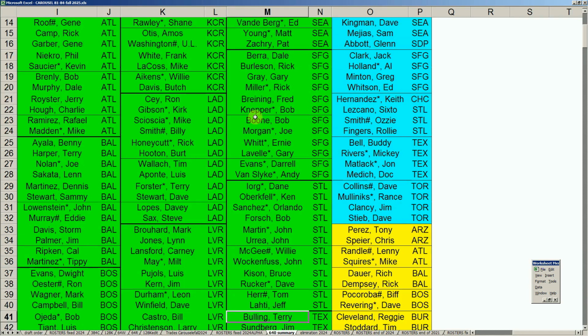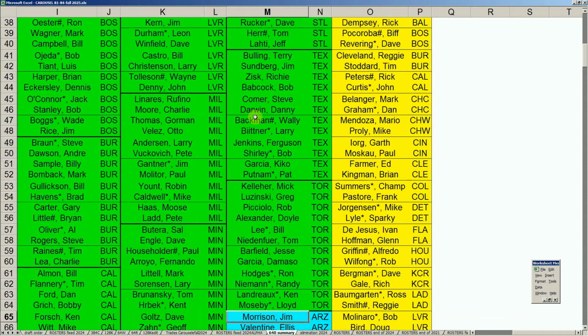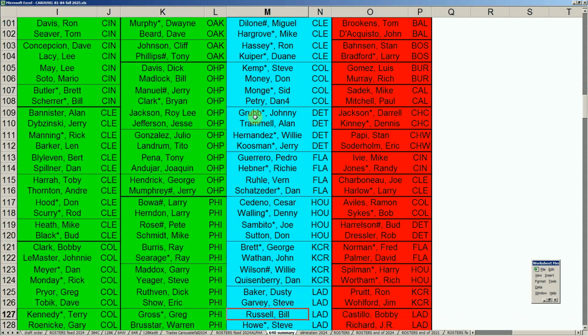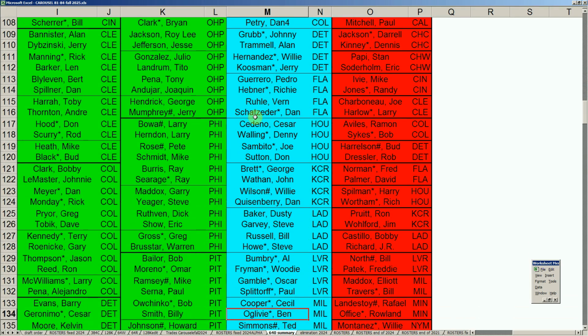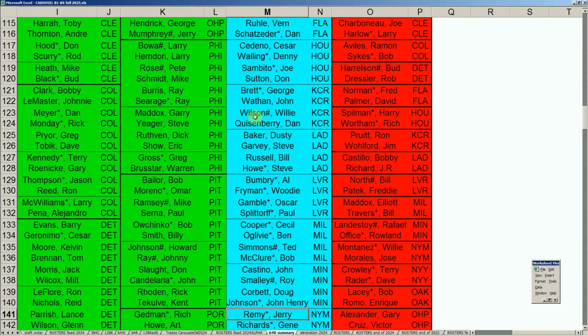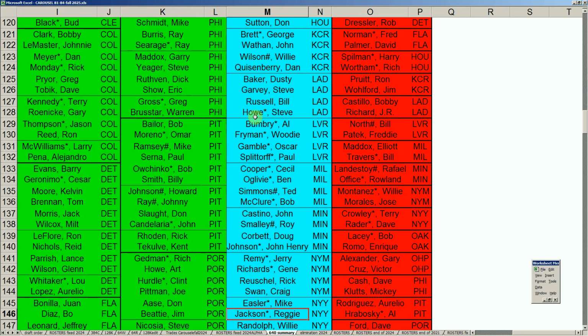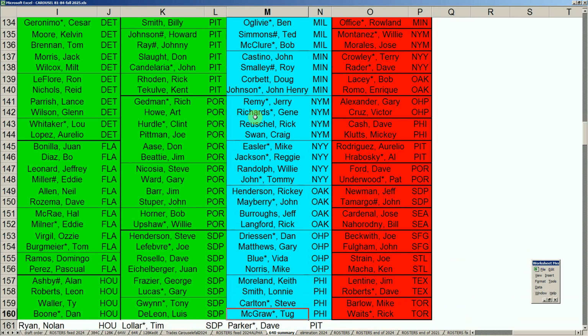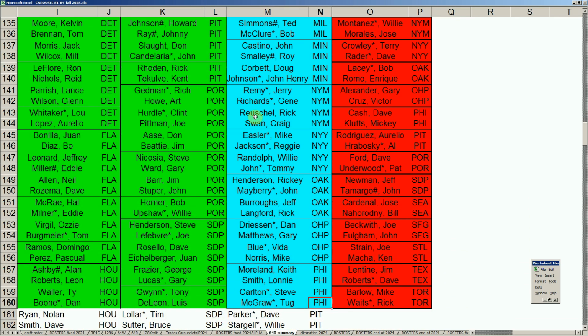Then the next group are your keepers, indicated in blue, 4 per team. That means that 80% of what you expect for the league is a known quantity, is a constant. The 12 players you have, 4 players you desire to keep, though you may not. You might trade them, you might find somebody better.